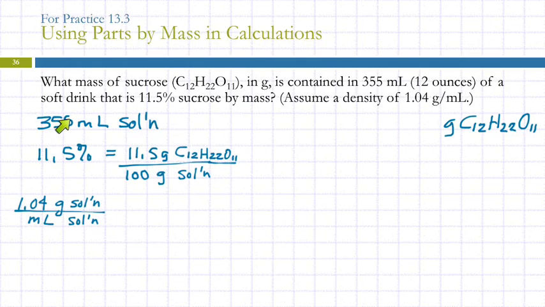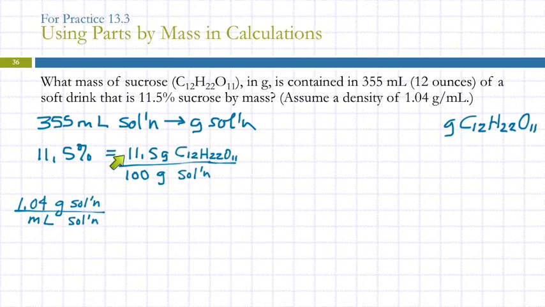So we're going to figure out how we can get from here to there, and these will probably need to be used. Well, if I'm starting with milliliters of solution, if I use this density, I could get to grams of solution. So that's probably a good first step.